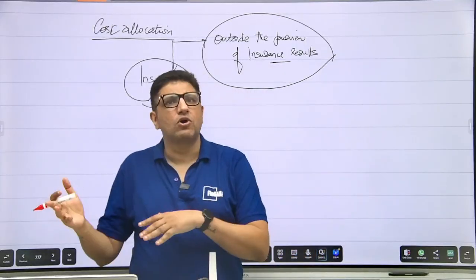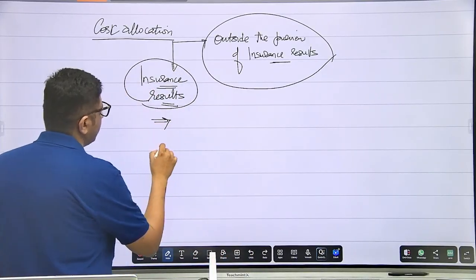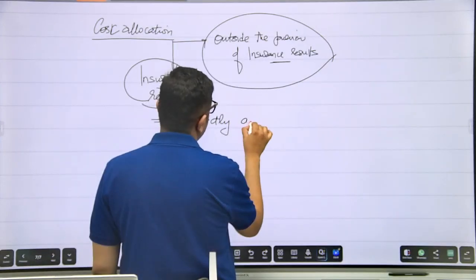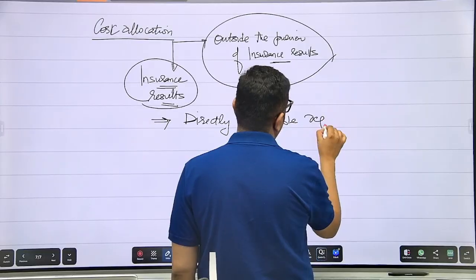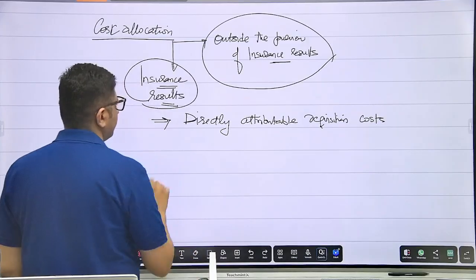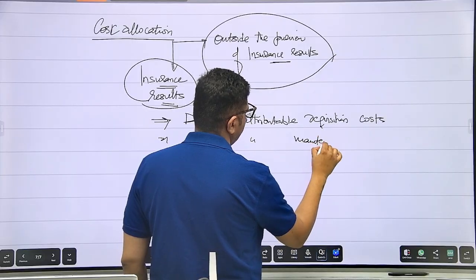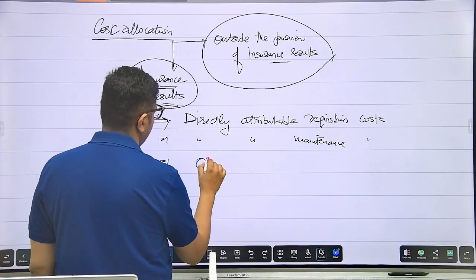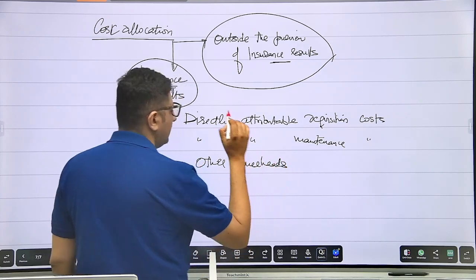It could be a normal cost for you, and that is where you would want to understand some concepts of something called directly attributable acquisition costs, directly attributable maintenance costs, and then you would have the balancing figure as other overheads.